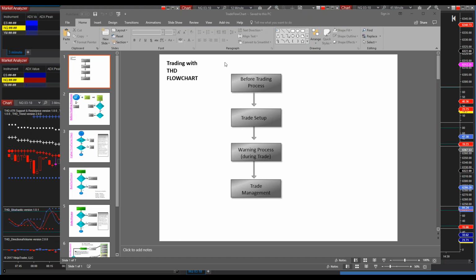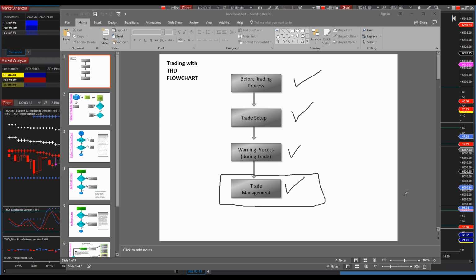Basically, you have four processes to identify a trade: before trading, trade setup, the warning process, and trade management. Trade management mainly applies if you are in the futures actual contract or in the spot forex. Does everybody understand that?